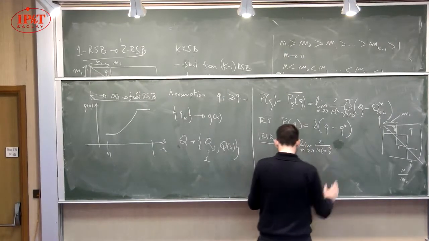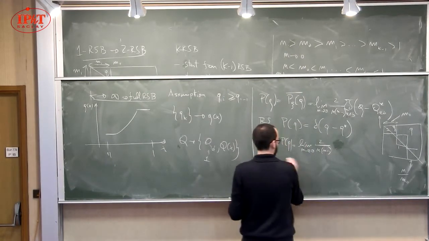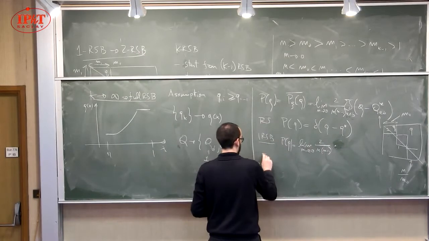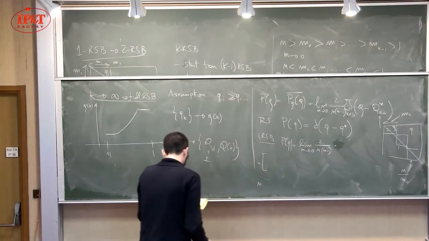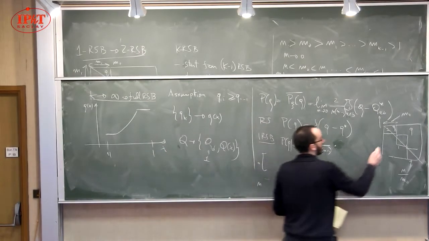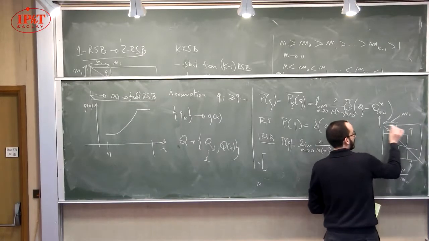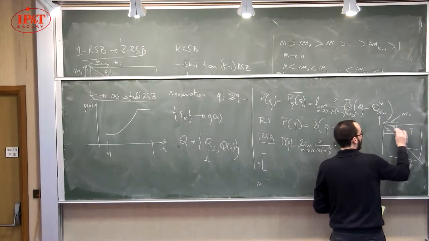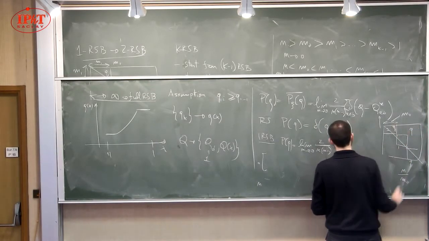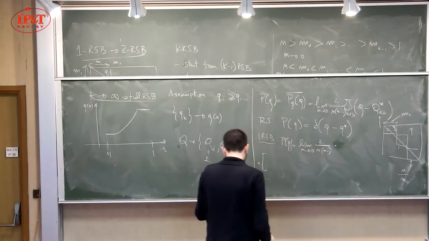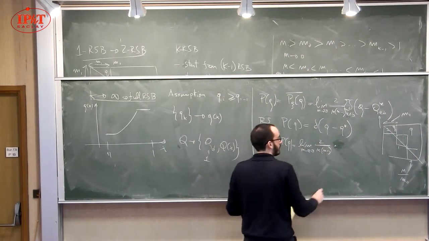So what is this? You see that I have to sum all the elements of the diagonal part of this matrix.